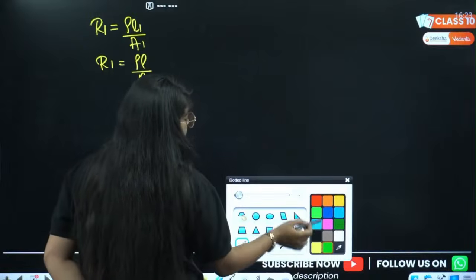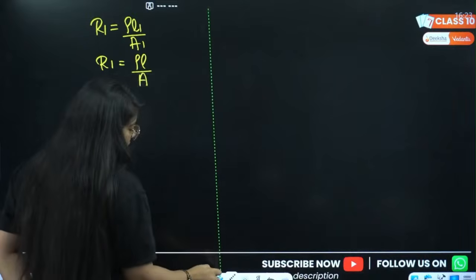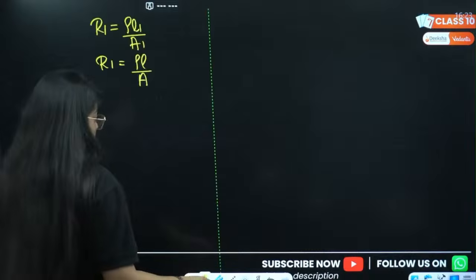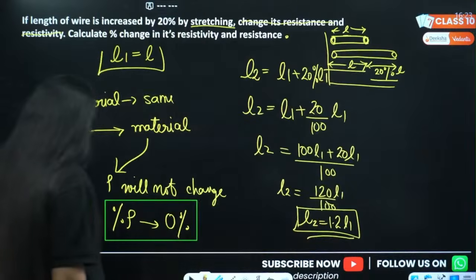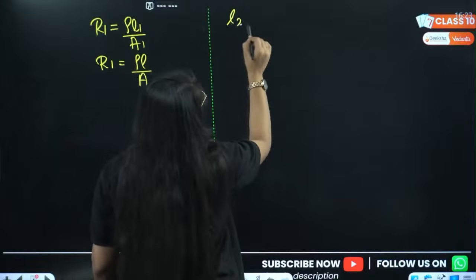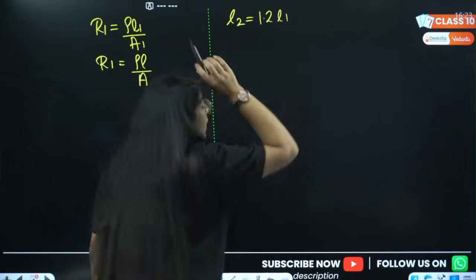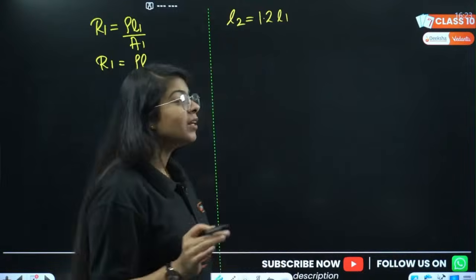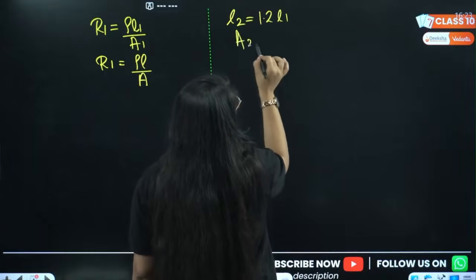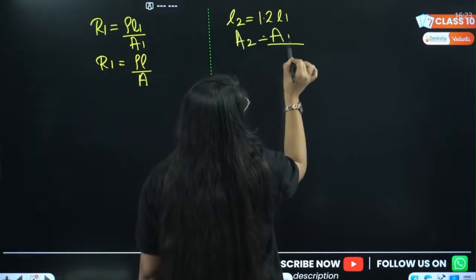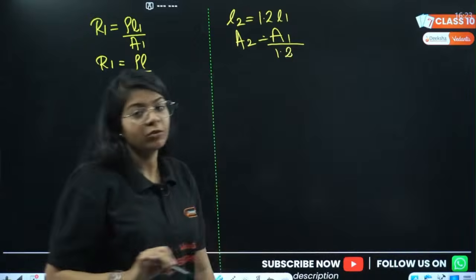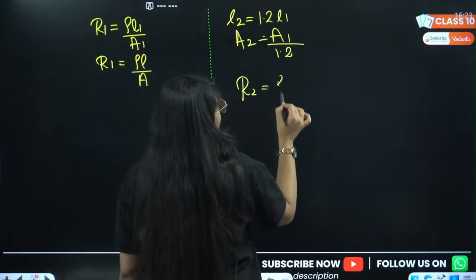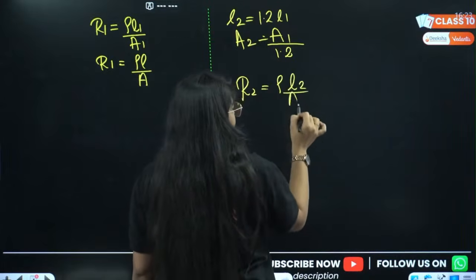The length L2 is 1.2 L1, but since the wire is stretched, the area will decrease by the factor 1.2. So A2 is A1 divided by 1.2. Now R2 will become rho L2 by A2.